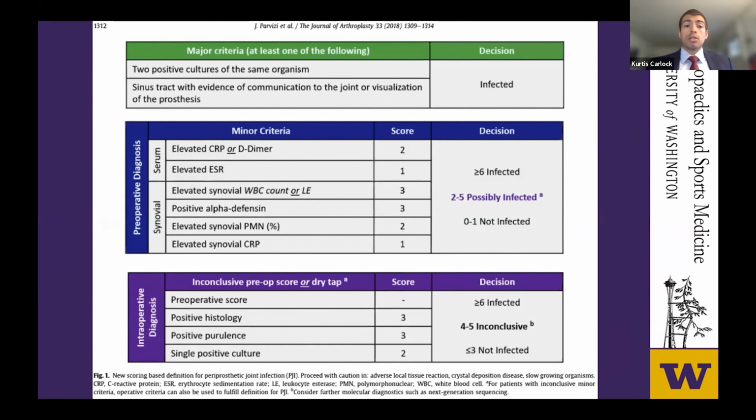But where this most recent iteration really gets refined is the way that they approach the minor criteria, I should say. They try to divide things into a set of preoperative tools, incorporating both serum and synovial markers that can be used to try to arrive at an ultimate diagnosis. And only if those preoperative tools are not diagnostic do we move on to incorporating some intraoperative markers to try to arrive at an ultimate diagnosis.